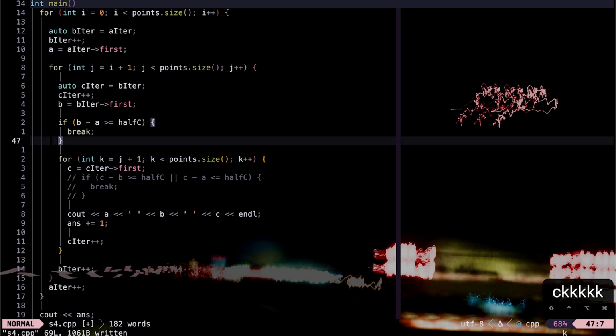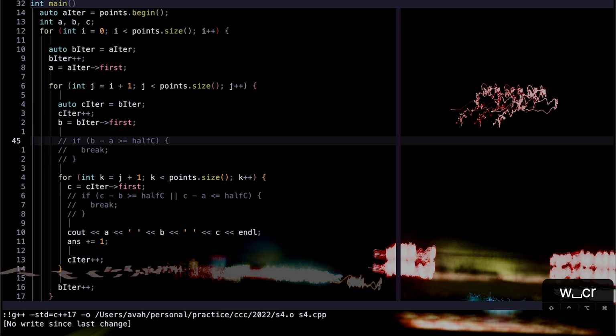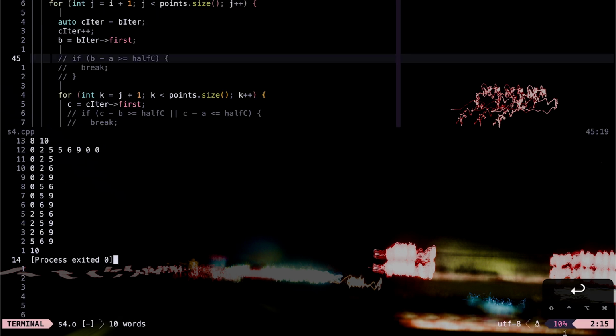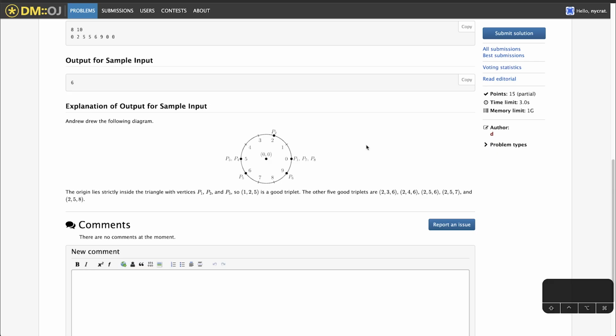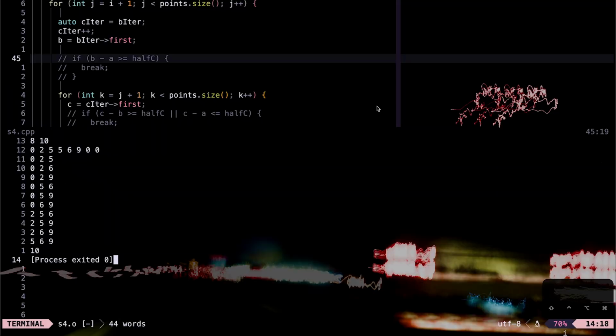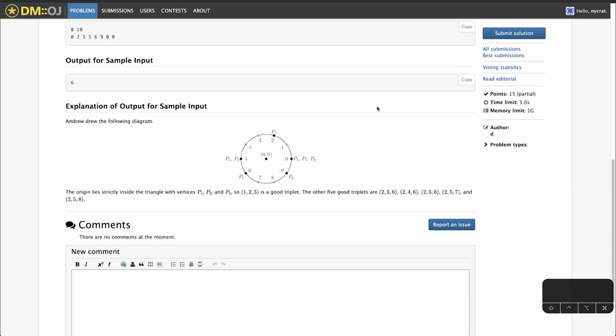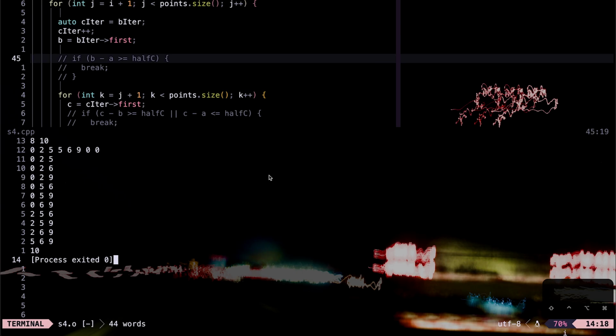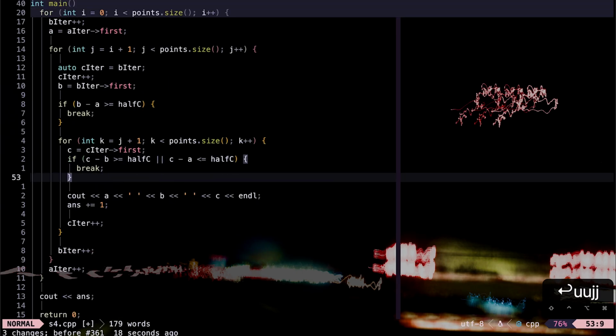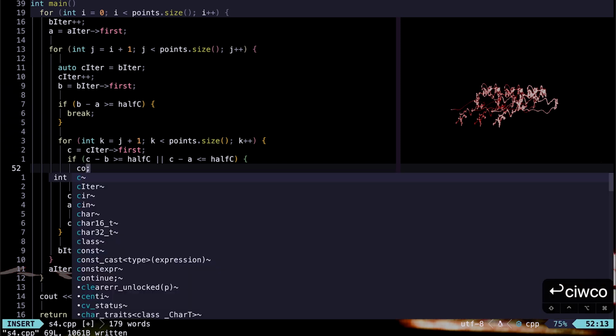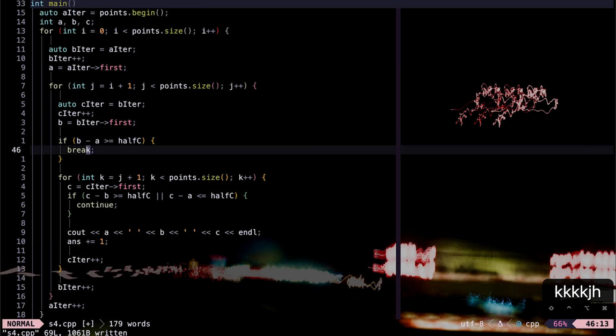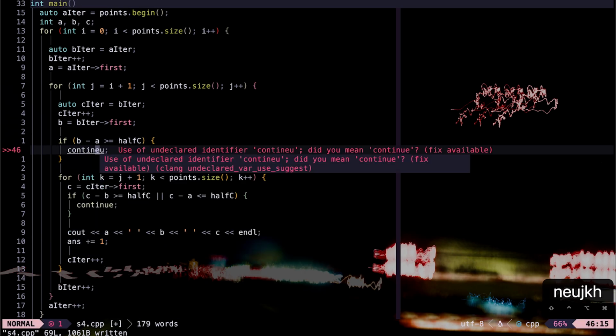Okay, let's try getting rid of these, and let's see what happens with the total amount of combinations. So 0, 2, 5, 0, 2, 6. So it does happen. Should I continue? Start break. This might be slower again.